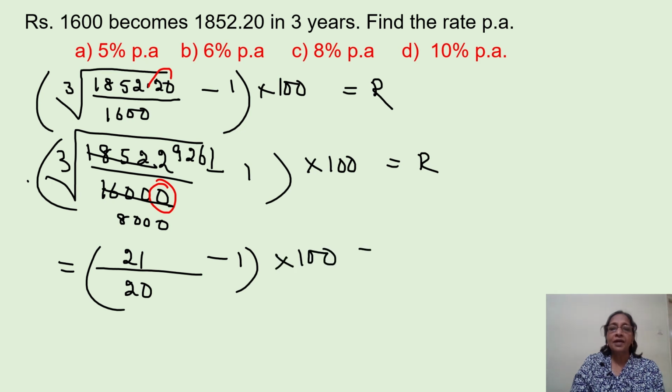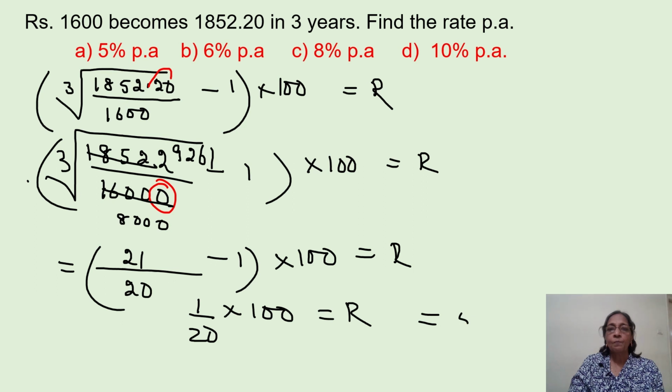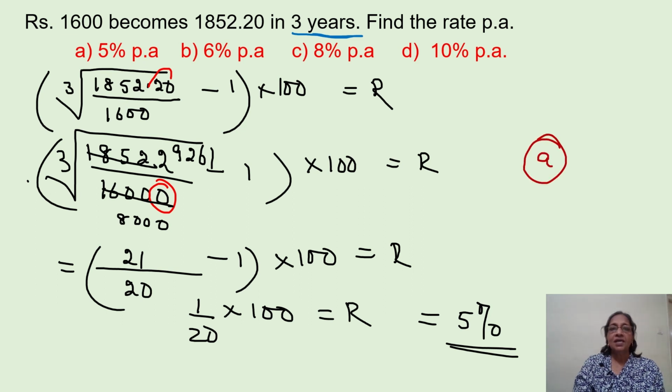See how simple it becomes. So this will be 1 upon 20 into 100. This is nothing but 5%. Correct option is the A option. Okay, let's go to the next sum.